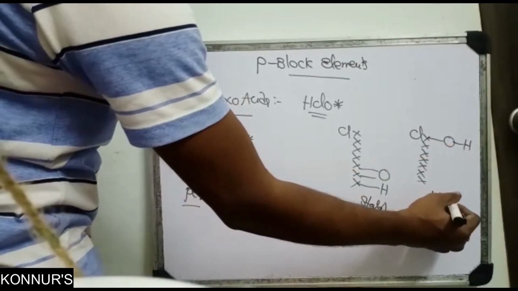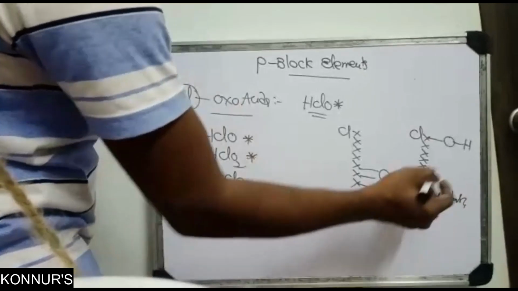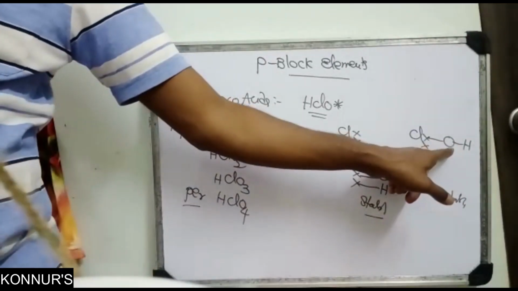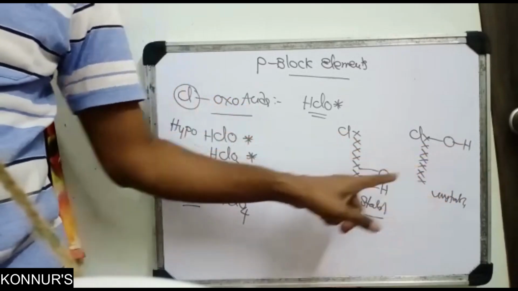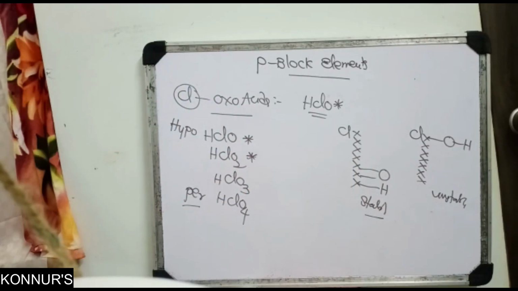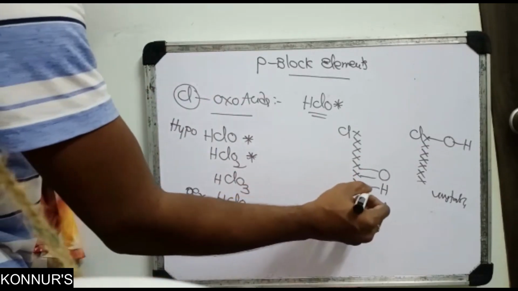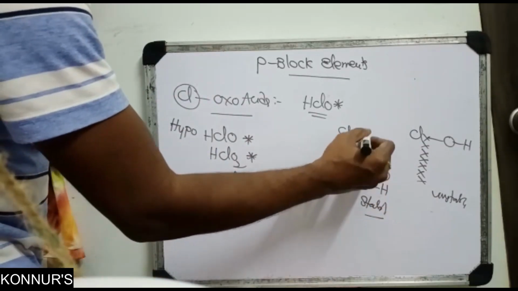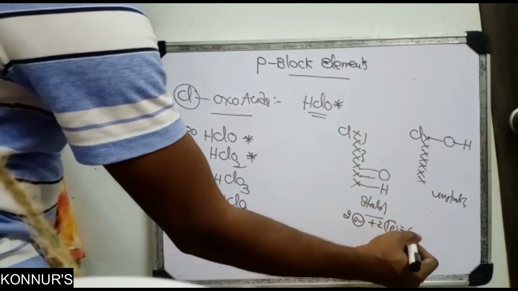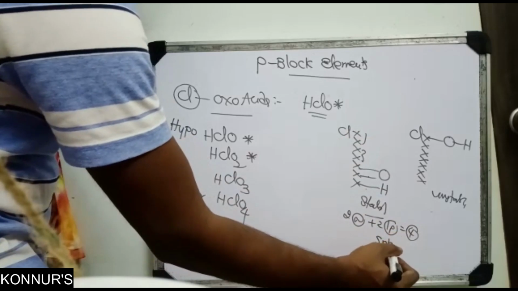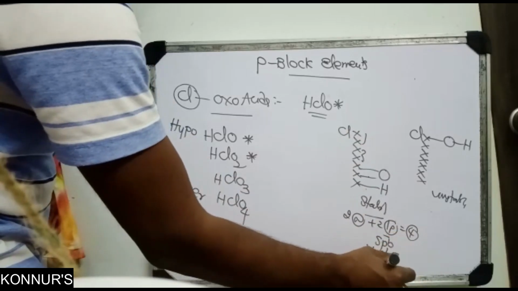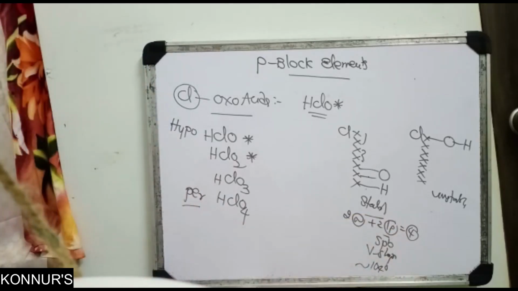This is unstable, but one OH is there, so the unstable one is a monobasic acid. It can form a salt, but it can't because the OH is not there. In the structure you see 1 sigma, second sigma, 2 lone pairs. So 2 sigma bonds, 2 lone pairs, that number is 4. That is sp3, V shape. Bond angle is nearer to 104 degrees.